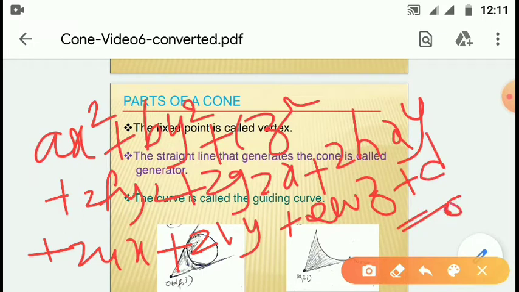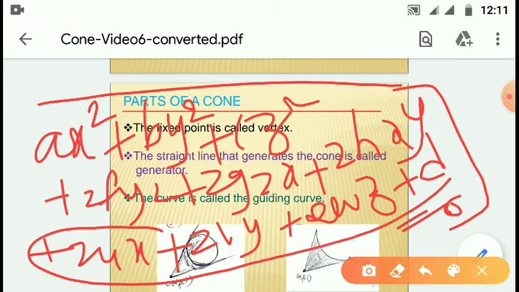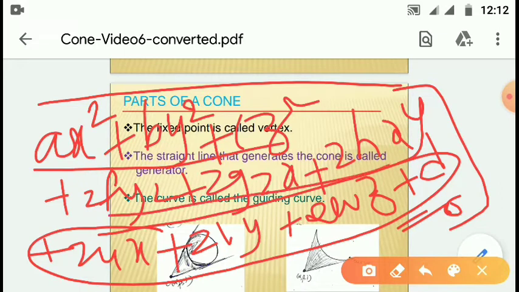This is a second degree non-homogeneous equation. Actually, with some conditions, this equation represents a cone whose vertex is not at origin. If you remove the first degree terms in this equation, then it is a homogeneous equation of second degree. In this case, this equation represents a cone whose vertex is origin.